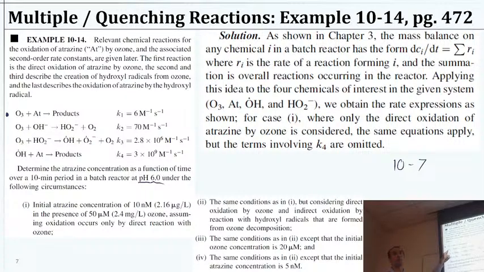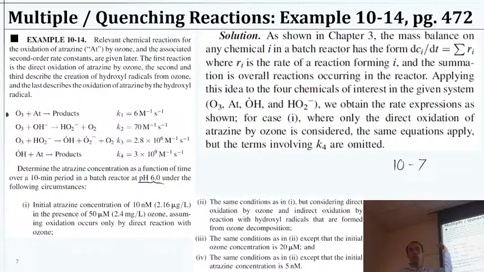And we didn't mention anything about that. So we're going to have to account for the fact that ozone is reacting with OH minus, and it's reacting with this product that OH minus makes. So in that sense, we will need to account for the fact that this is our primary reaction changing atrazine.